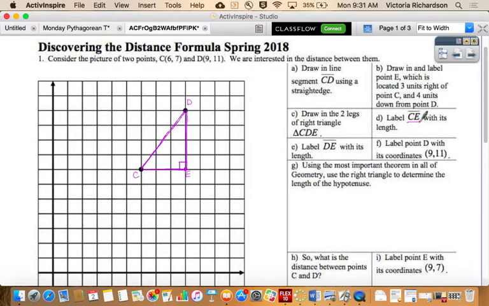All right? So that means I have to go from C to E, and I got to count 1, 2, 3. So the distance is 3 on CE. Then it says label DE with its length. So I'm going to count 1, 2, 3, and 4. So the distance for DE is 4. Then it says label point D with its coordinates, which is 9, 11.